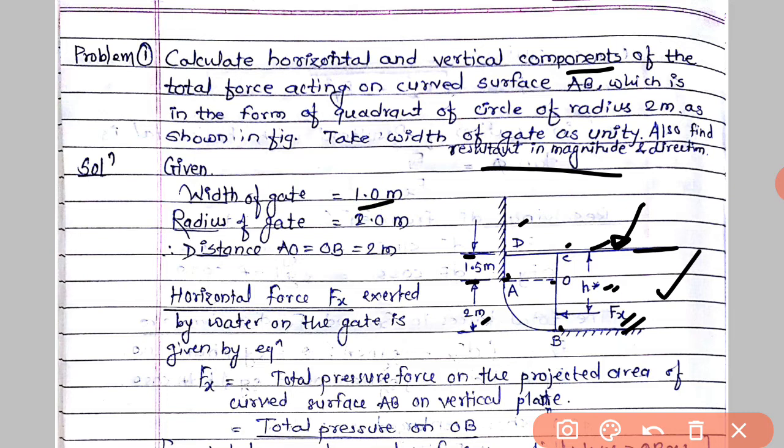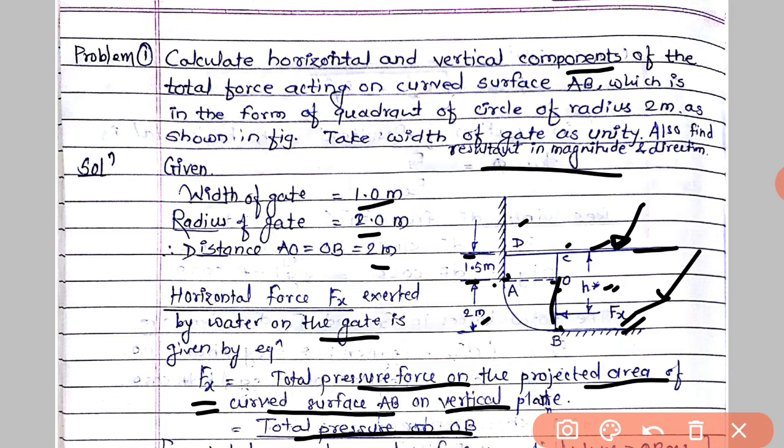Width of the gate will be 1 meter, then radius of the gate will be 2 meter, and OA and OB will be 2 meter, because it is radius. Now horizontal force Fx exerted by the water on the gate is given by equation, we know the equation, Fx is equal to total pressure force on the projected area of the curved surface AB on the vertical plane, which will be equal to total pressure on the OB.